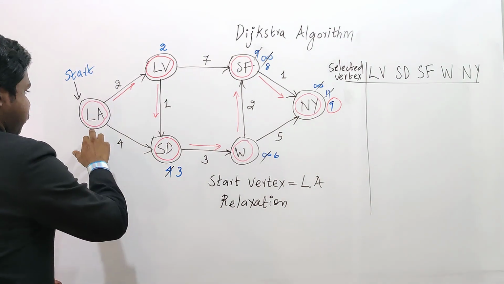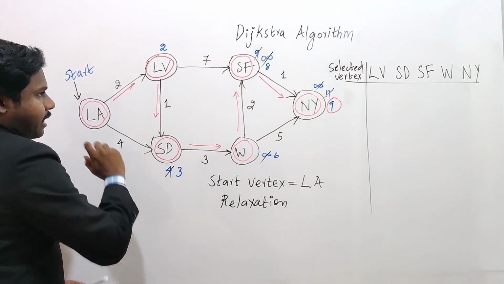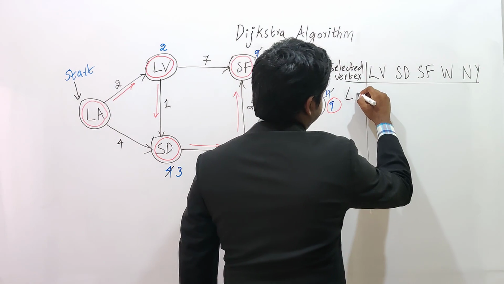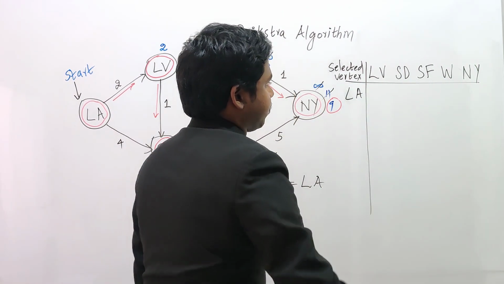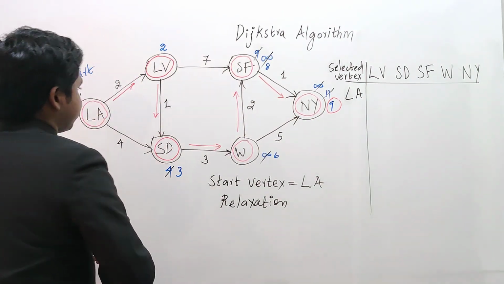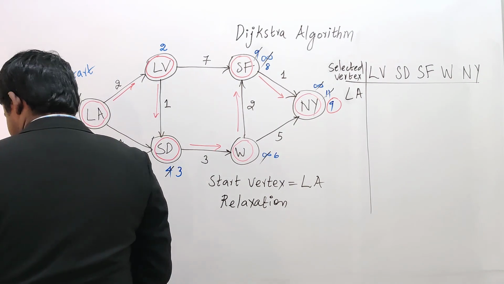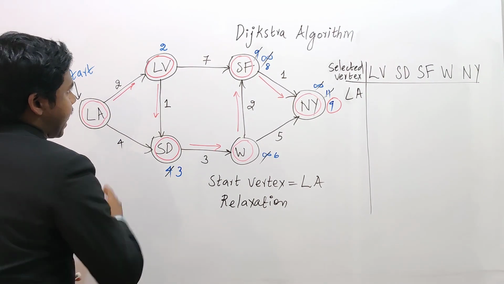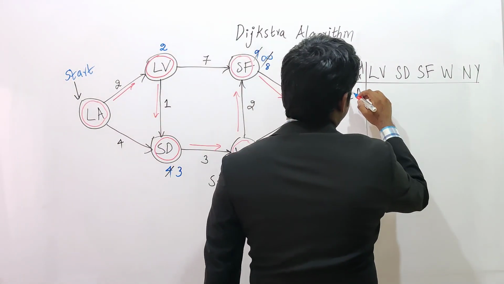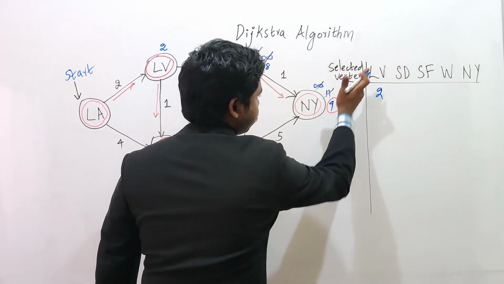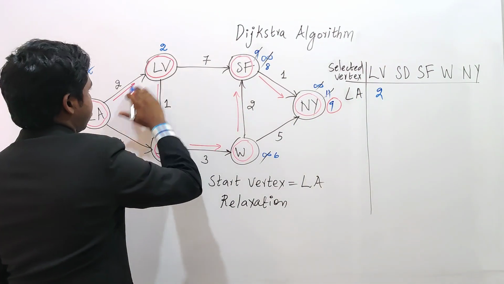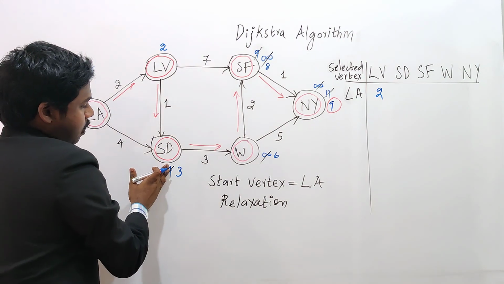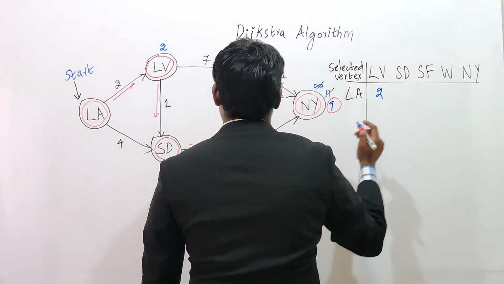Now, selected vertex in the beginning, what we selected is LA, so write LA here. Beginning LA, done. Now from LA, what are the distances which we have taken? What is the distance we have calculated? We calculated distance as 2, right? From LA to LV, which is 2. From LA to San Diego is 4.